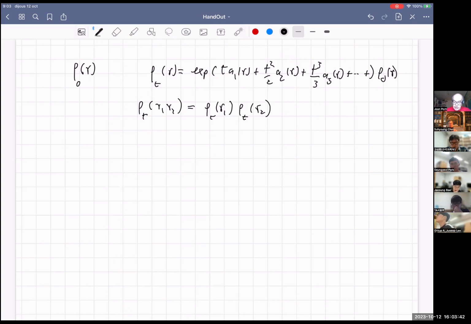And then I take the power expansions. So on the left, I have 1 plus t a1 of gamma plus t squared a2 of gamma. Let me just write up to t squared. And then the square of it is t squared over 2 a1 of gamma squared.